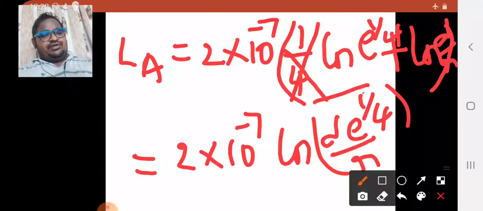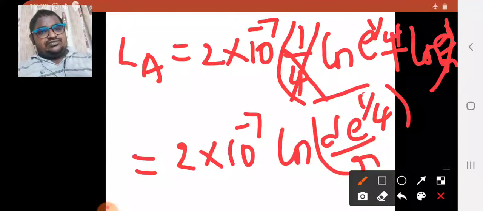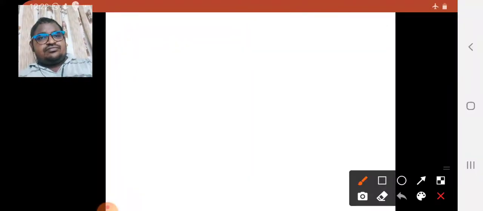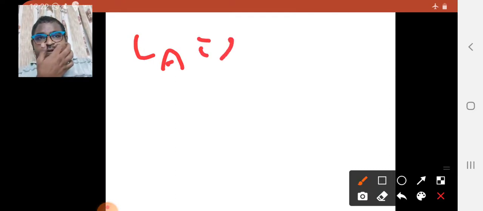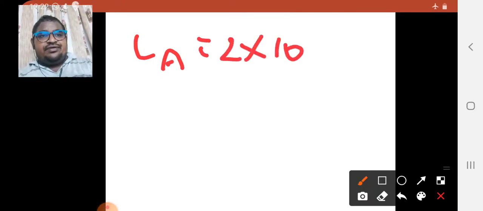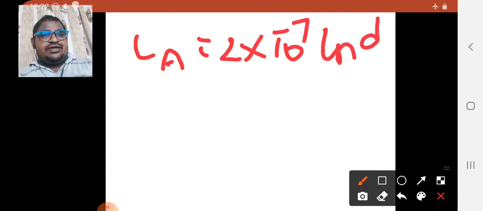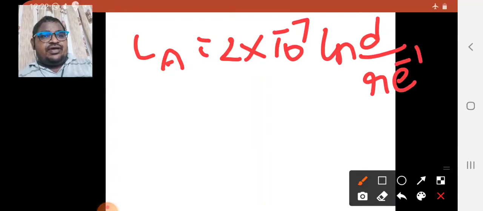In the numerator I want to keep d as it is, and the denominator R has to be changed. So LA is equal to 2 into 10 power minus 7 ln d by R into e power minus 1 by 4.